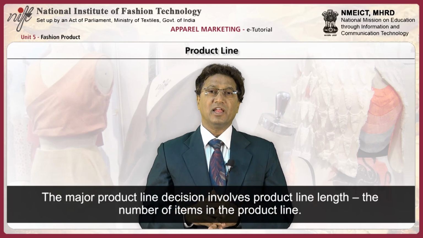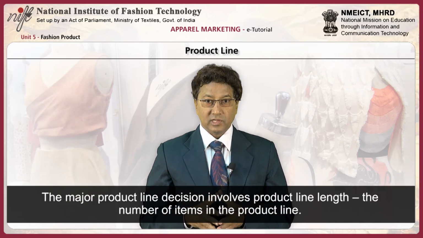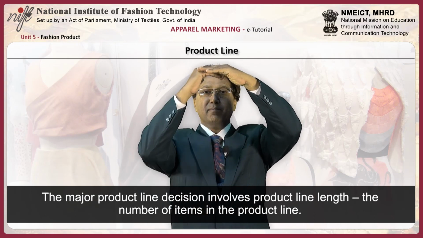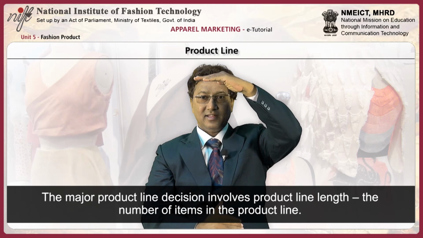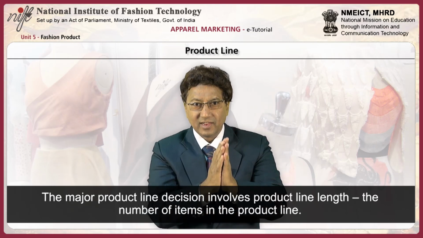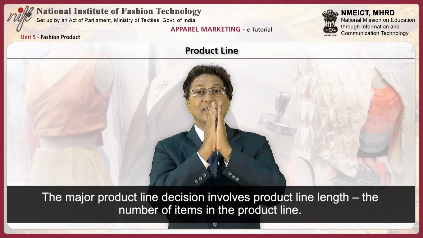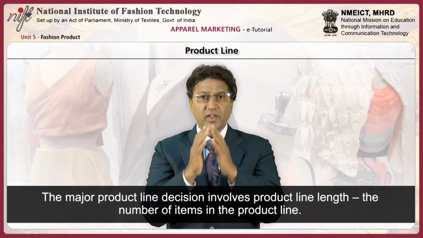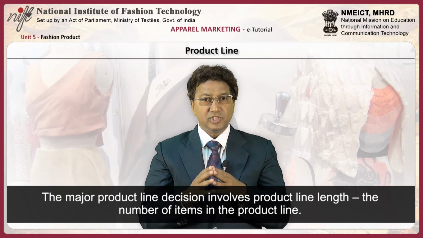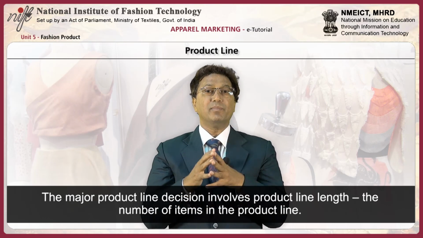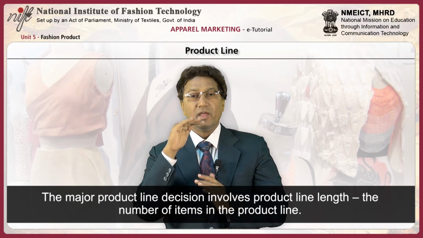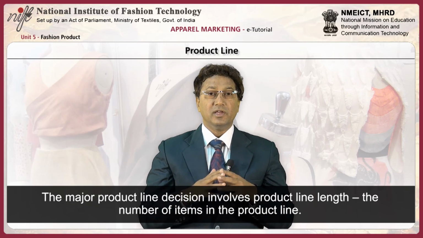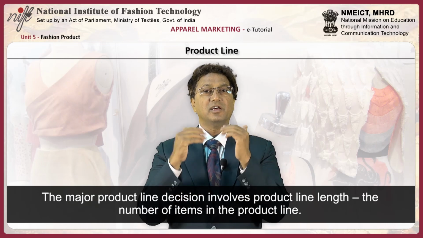The major product line decisions involve product line length, that is, the number of items in the product line. The length of the product line is vital in decision making in terms of profitability. In offering a product line, firms usually develop a basic platform and modules that can be included to meet different customer requirements.